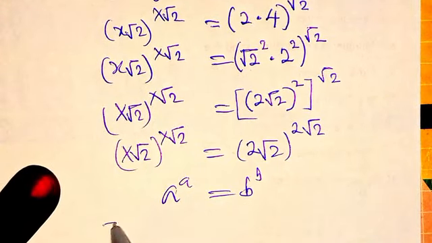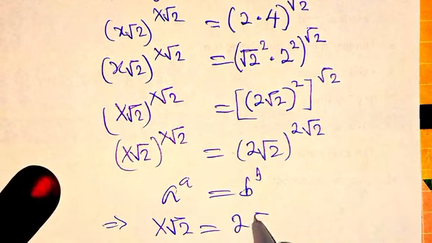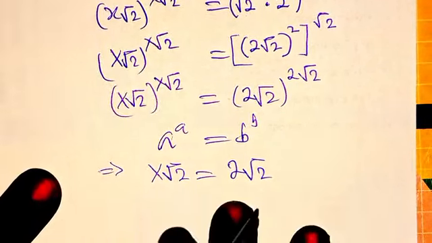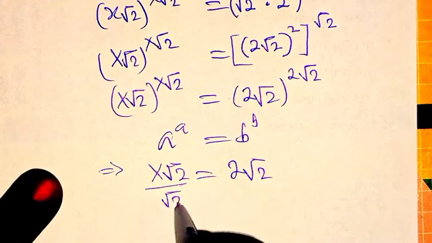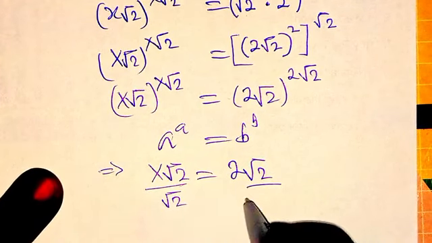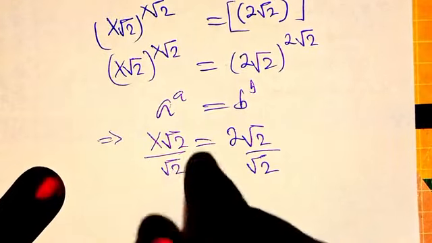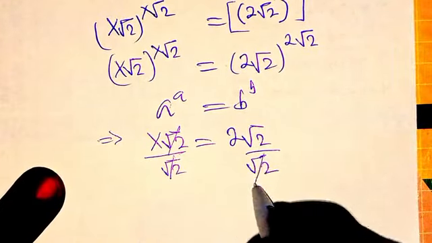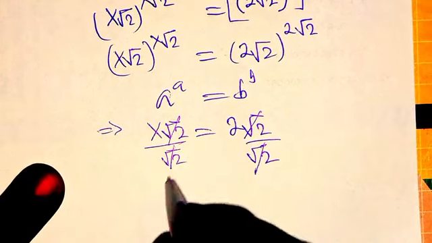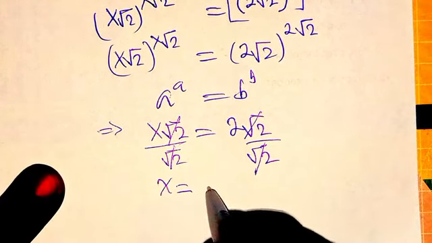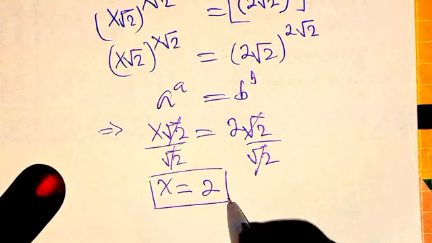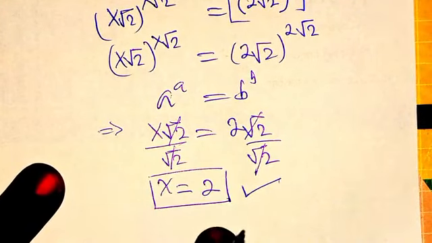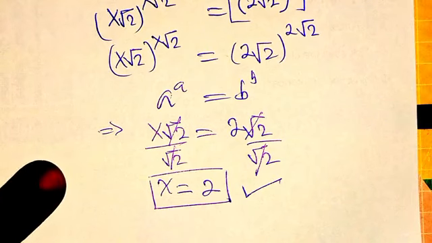This implies that x root 2 equals 2 root 2. You understand? Now we divide both sides by root 2 because we are looking for the value of x. We cancel this, we cancel this, so we have x equals 2, and x equals 2 is the solution to this problem.